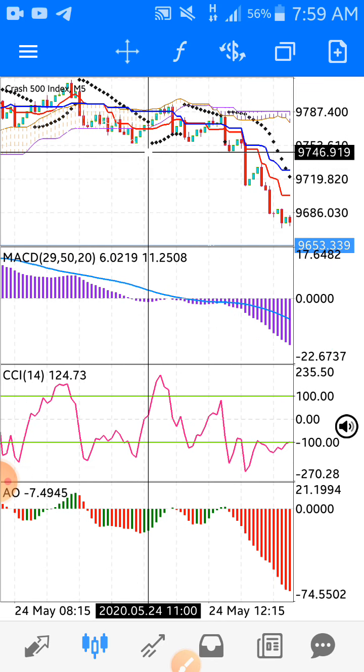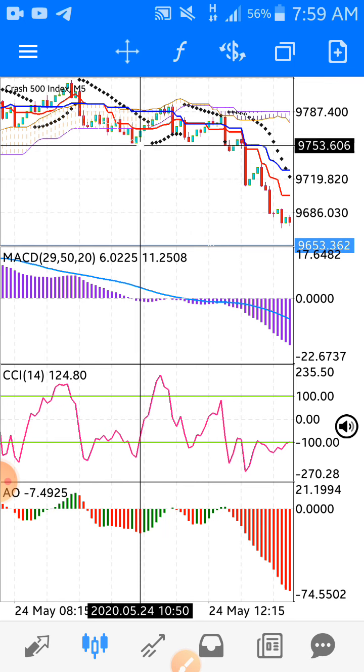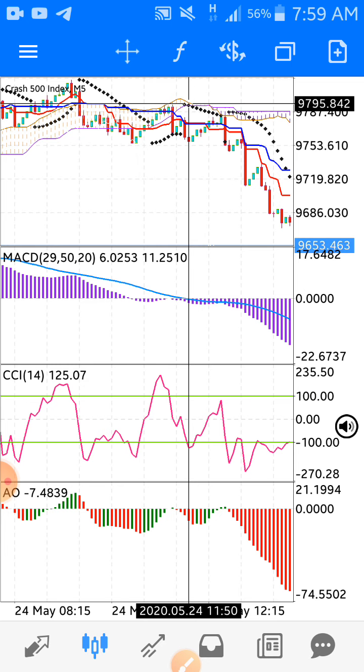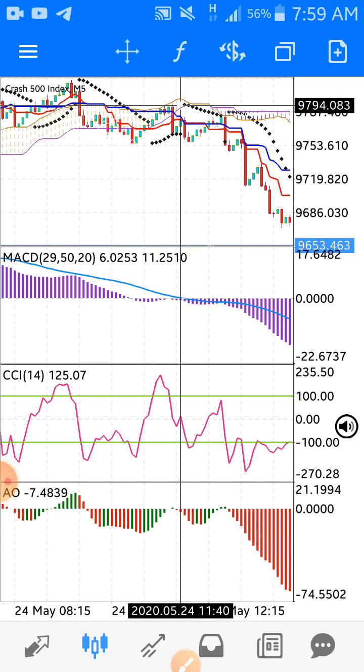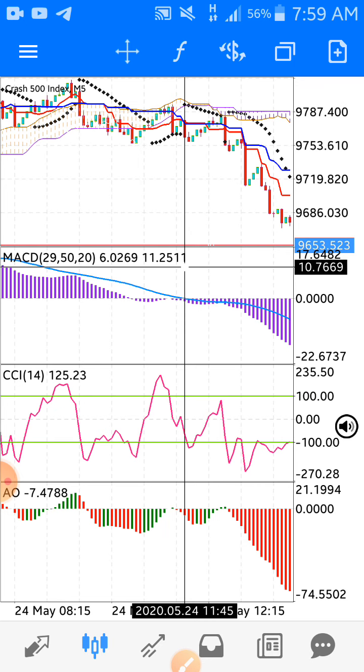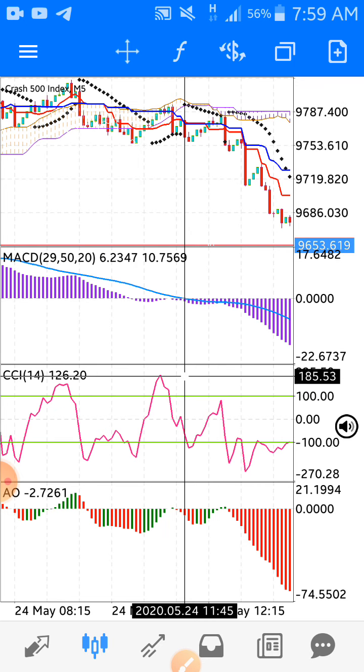Okay, we have one. Now note, once it's below the cloud and parabolic SAR is appearing from under, you wait until it appears from above. All right, so it appeared from above at this point. MACD was below. CCI didn't cross.